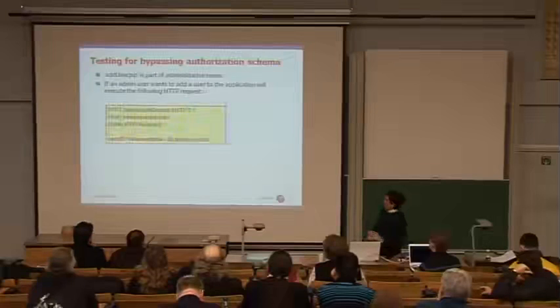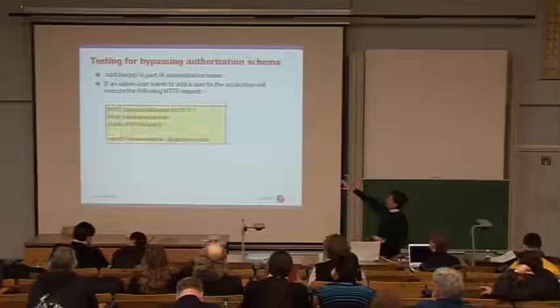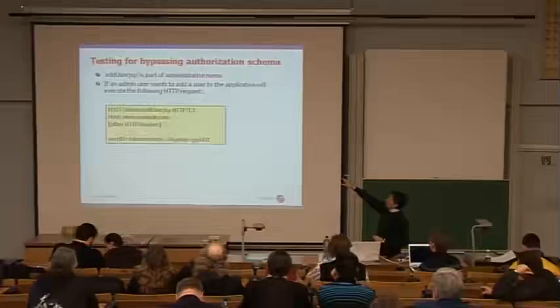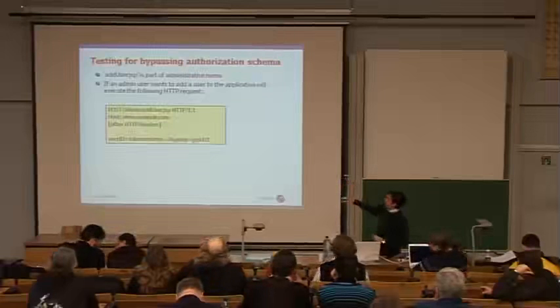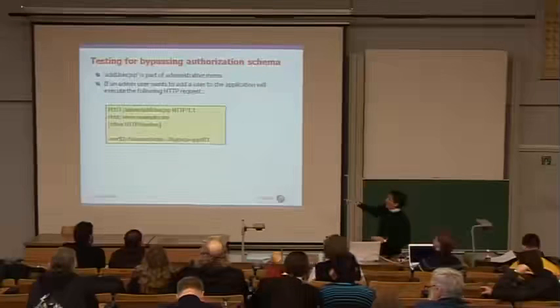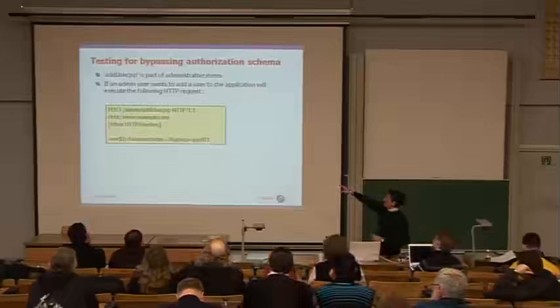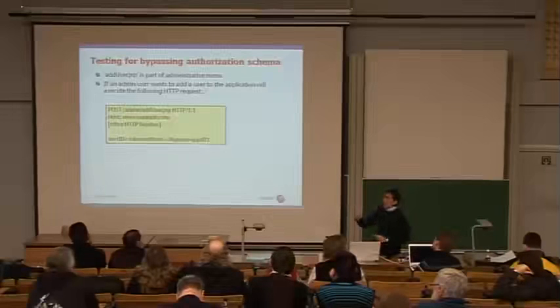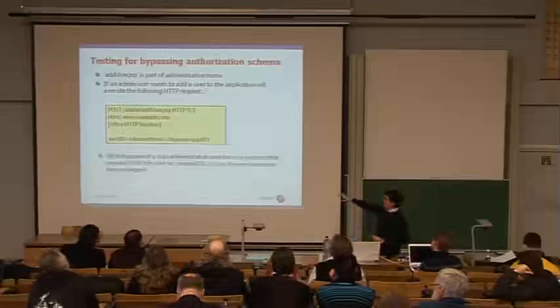Here, you can see how to bypass the authorization schema. For example, there is an add user JSP that is part of an administrative menu. You can see that an admin can create a new fake user with role 3 and group 001, and you have to test if another user that has not the privilege of an admin can do the same.